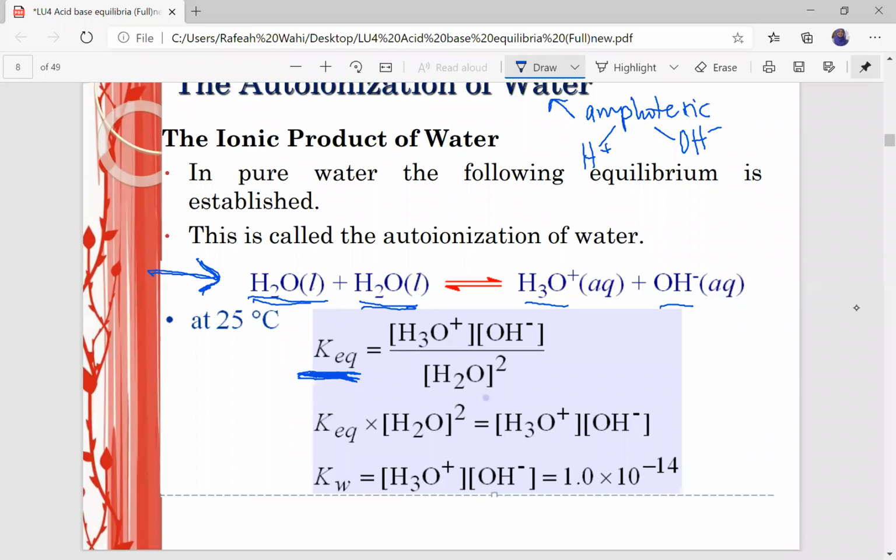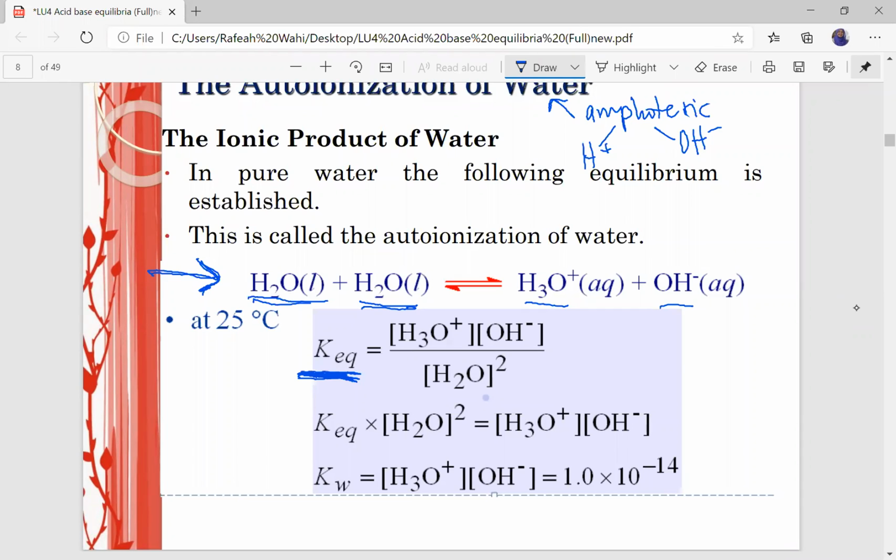So the equilibrium constant for water can be calculated by multiplying the hydronium ion concentration with the hydroxide ion concentration, divided by the concentration of the acid or base at equilibrium. In this case, you have acid and base both from water molecules.